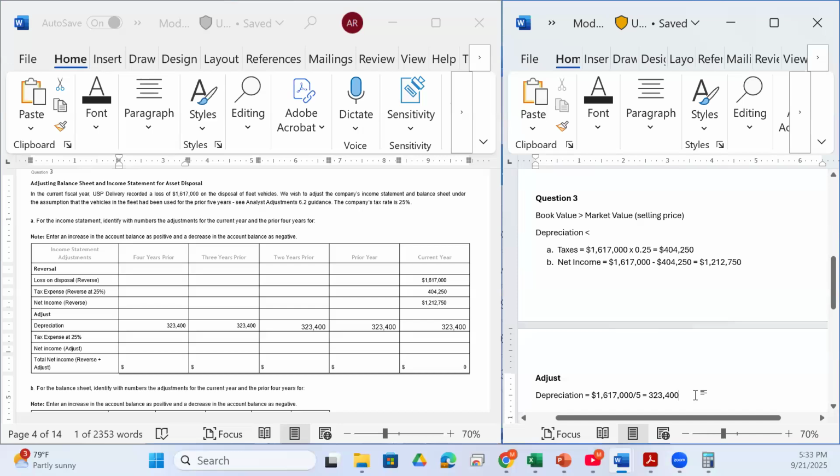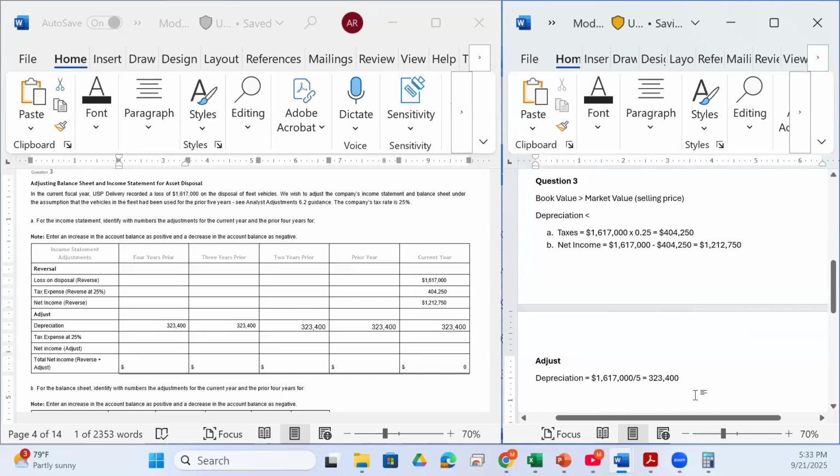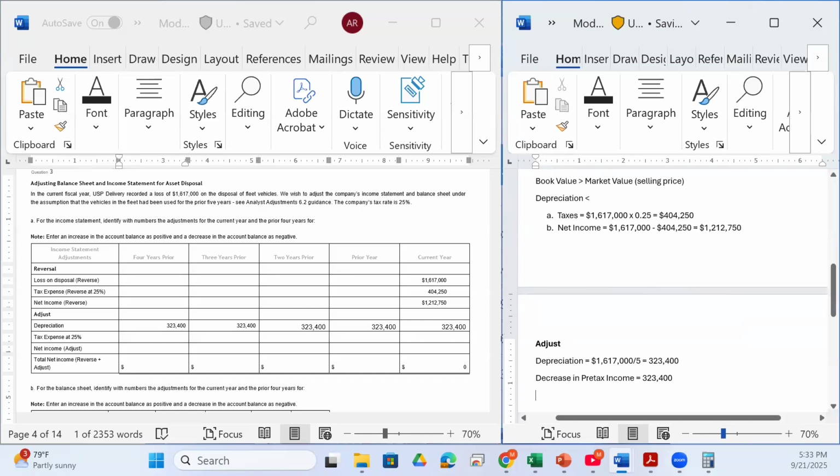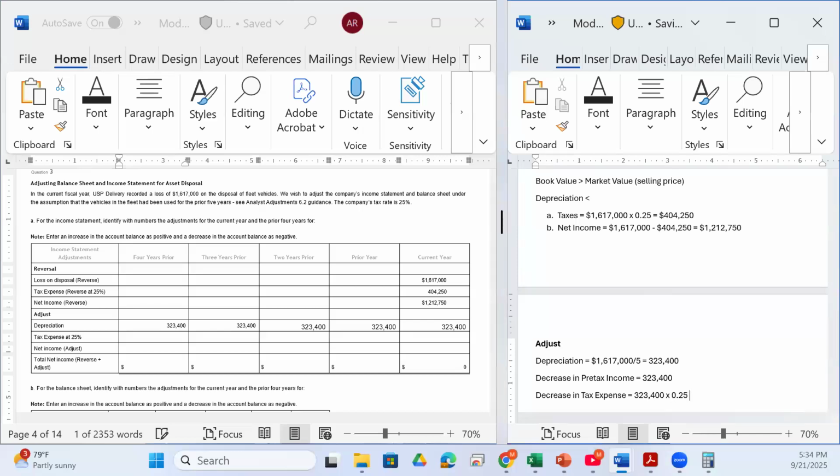If your pre-tax income decreases, let me write down, decrease in pre-tax income, that means a decrease in tax expense, right? So that will be this amount times our tax rate, which is 25%.